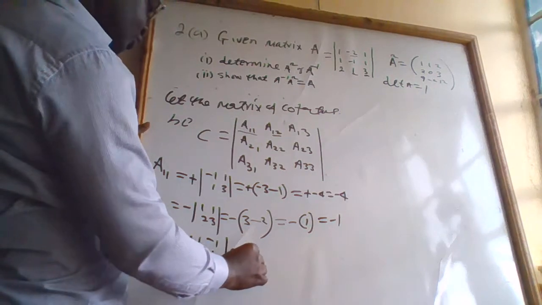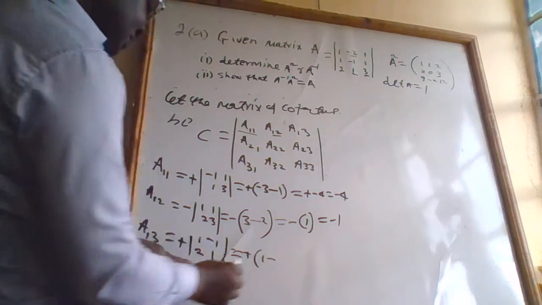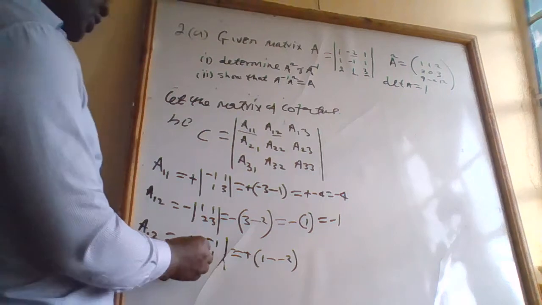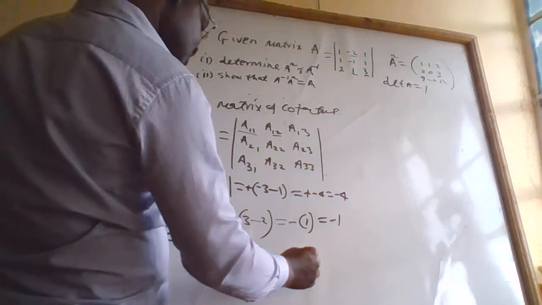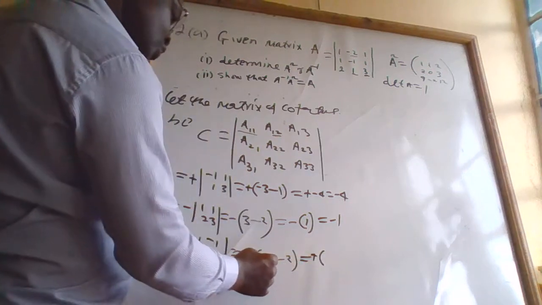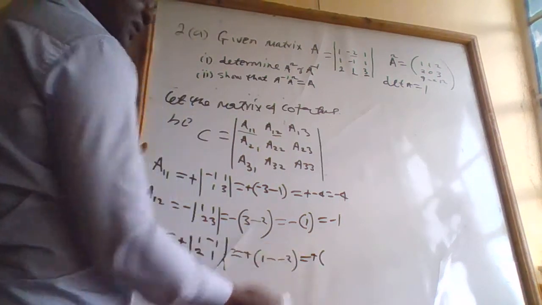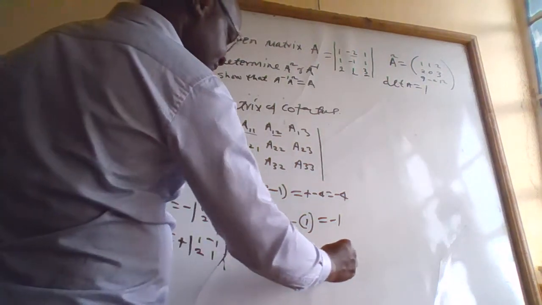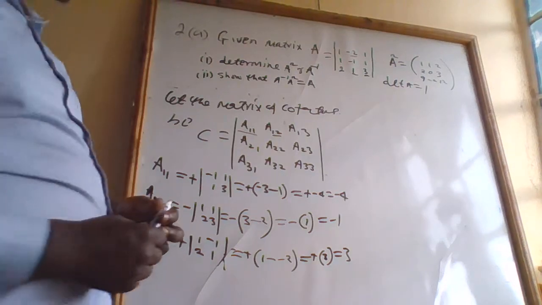So this equals plus, 1 times 1 is 1, minus 2 times negative 1, which is negative 2. So 1, minus and minus turns positive, 1 plus 2, which is 3. So this equals 3.